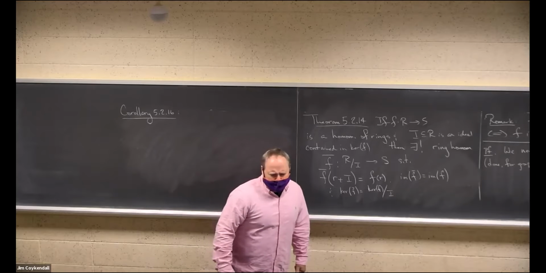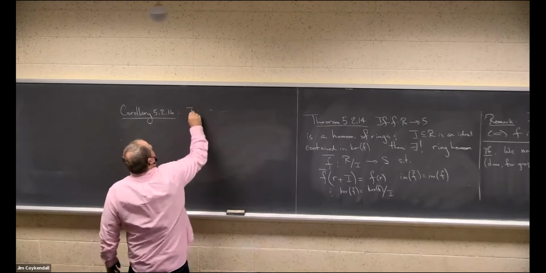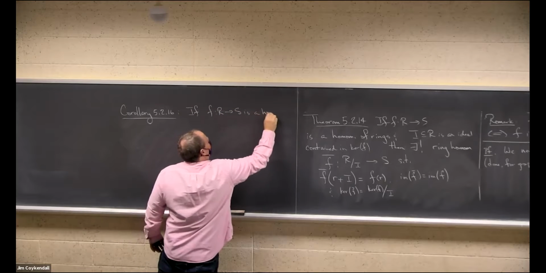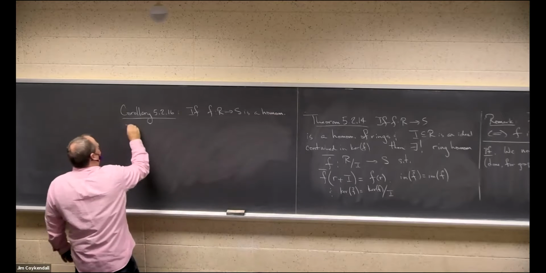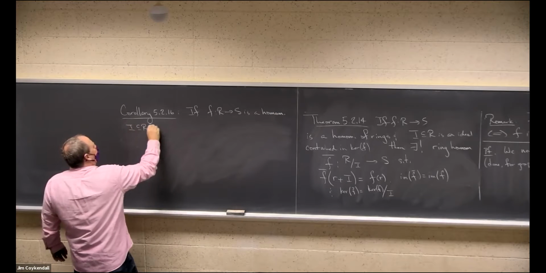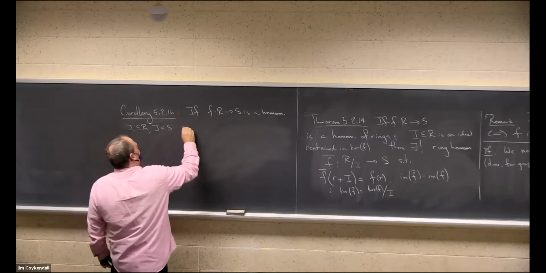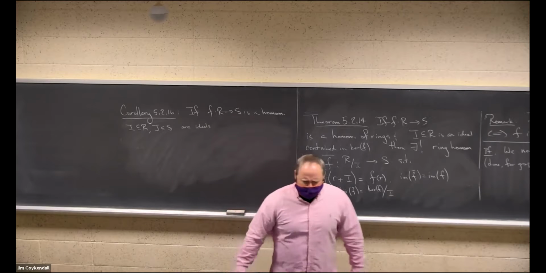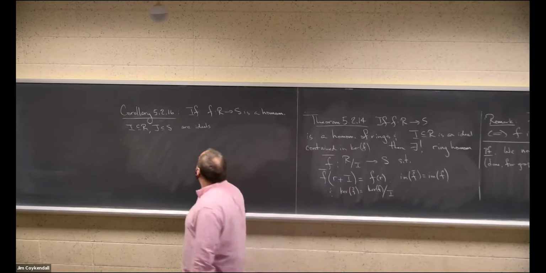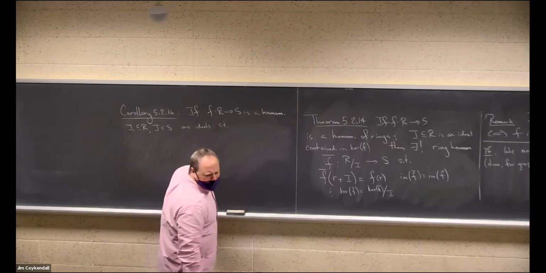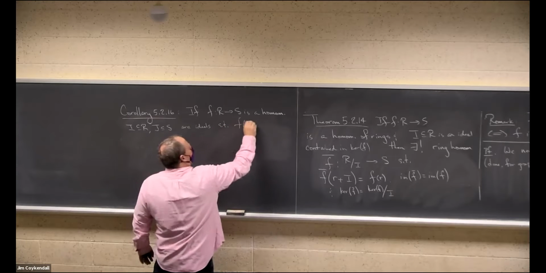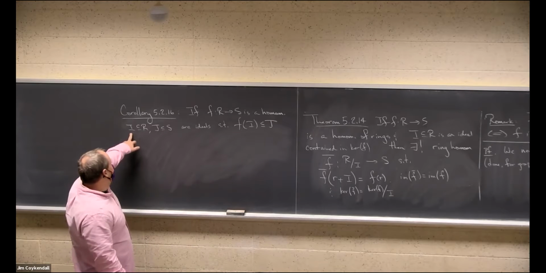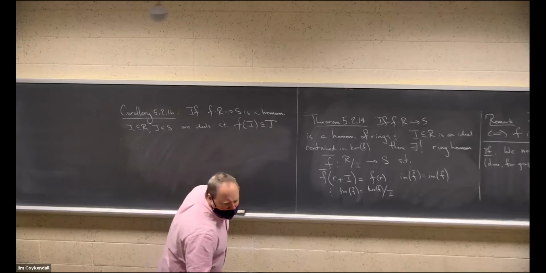If F from R to S is a homomorphism, and I in R, J in S are ideals, again two-sided, because we're going to be talking about functions here, such that I want F of I to be contained in J. So the image of the little piece, I, is always inside of J in the target.